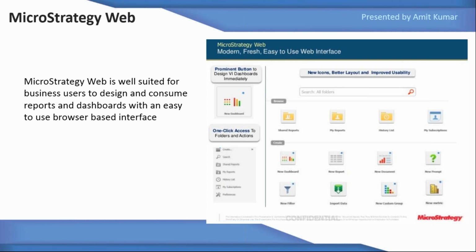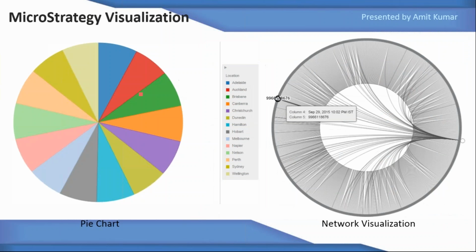SDK means software development kit. So MicroStrategy Desktop is also an SDK, Mobile is also an SDK, and MicroStrategy Web is also an SDK. In technical terms, these three are all software development kits.